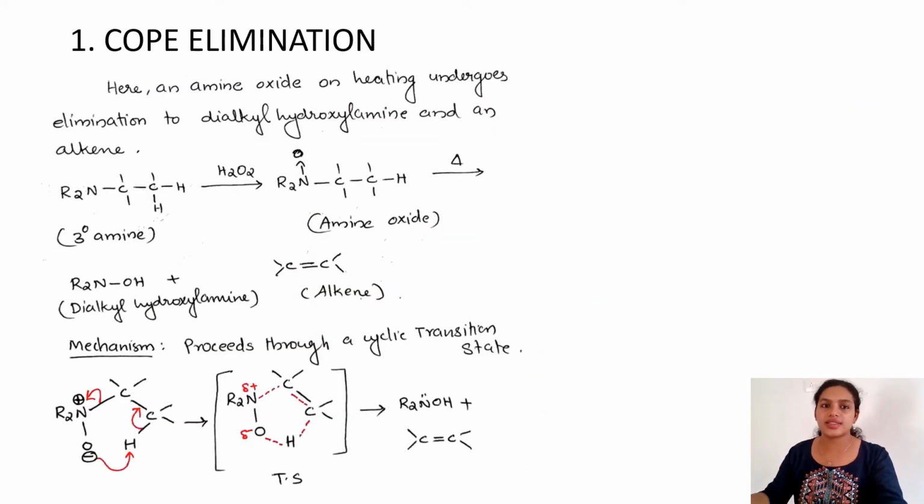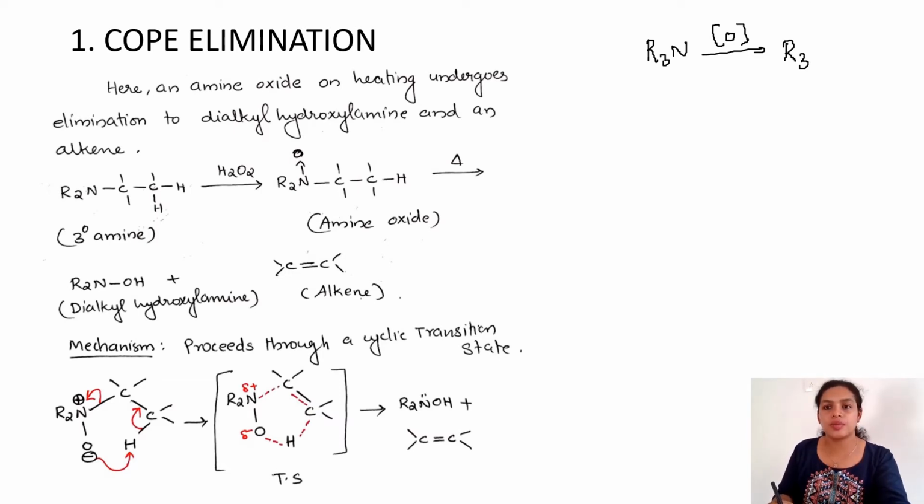The most important example which comes under thermal eliminations is that of Cope elimination. Here, an amine oxide is heated to give an alkene and a dialkyl hydroxylamine. R3N is a tertiary amine, and you are oxidizing this tertiary amine using hydrogen peroxide to give the corresponding oxide.